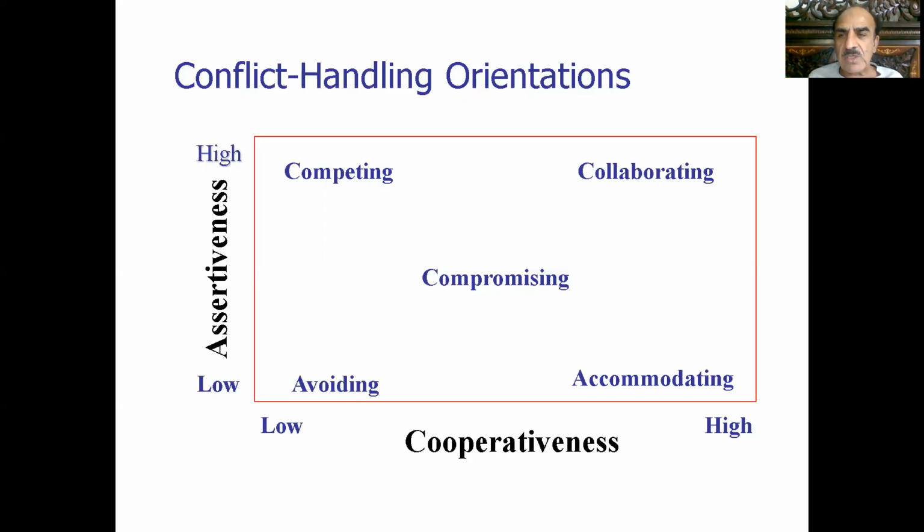If we go to the left, we see a very low level of cooperation and assertiveness, which means that both parties are neither cooperating, but still they are not very adamant on their stand. So this is a kind of avoiding, in which both parties are trying to avoid the conflict one way or the other.